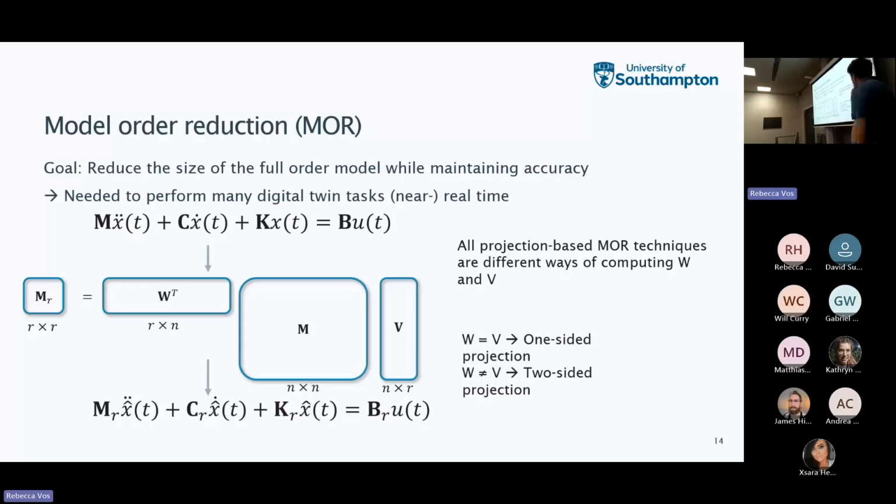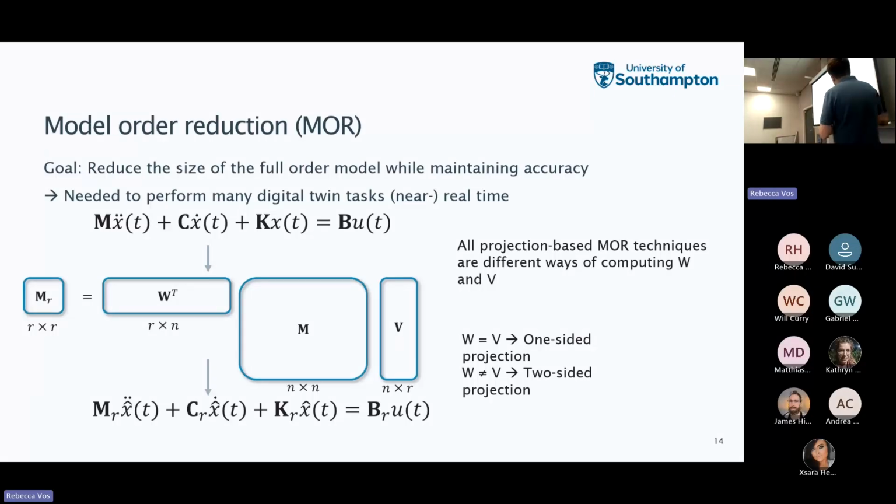There are two cases here that I wanted to quickly mention. For W and V, you can actually choose W equal to V. That's what we call a one-sided projection. In a lot of applications this is quite a good thing to do, because we will see in a minute that if you do that, you can prove that certain conditions that are true for the big matrix M are also true for the small matrix after doing this projection.